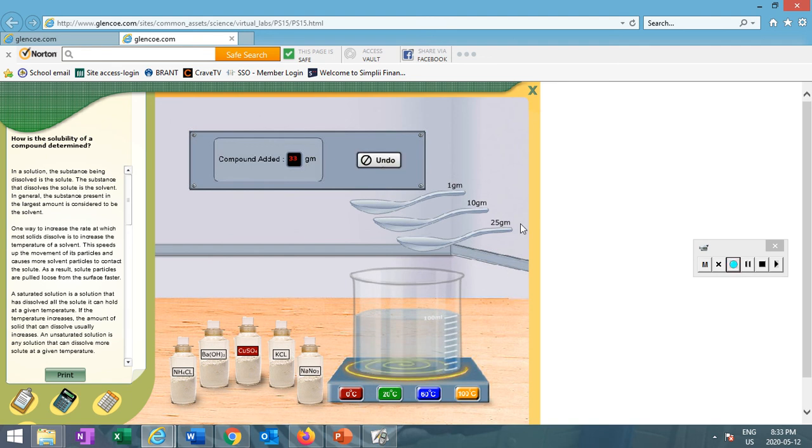Okay, so that's 33, and you can see here it's grams per 100 milliliters of water. So 33 for 20.